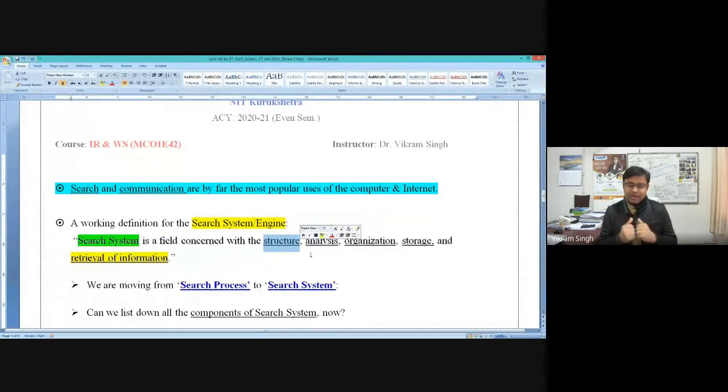Similarly, in the case of such a system, there is this conceptual organization, a conceptual view of the data, and that's what we call a space. Sometimes it is called vector space, sometimes some other space.